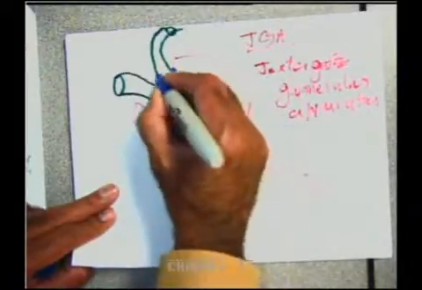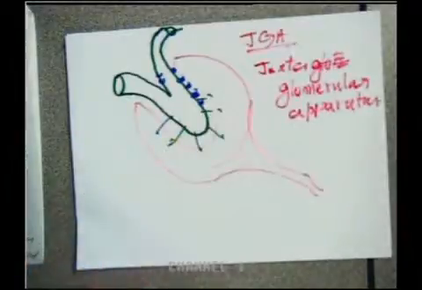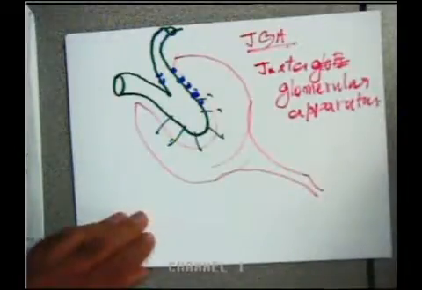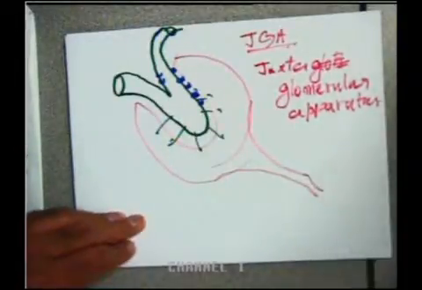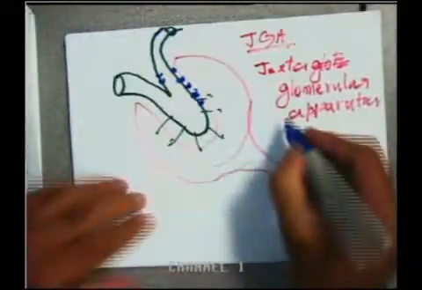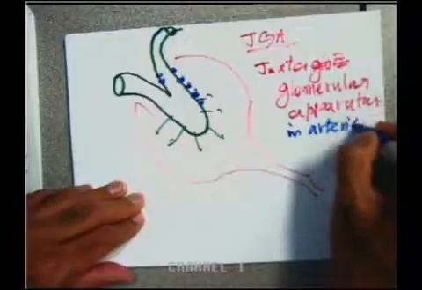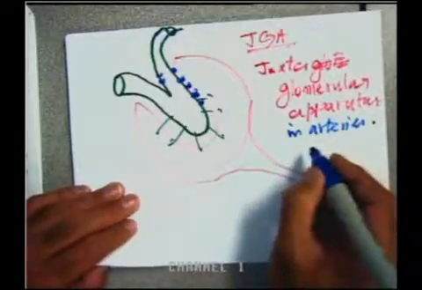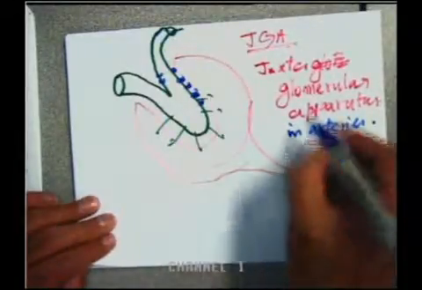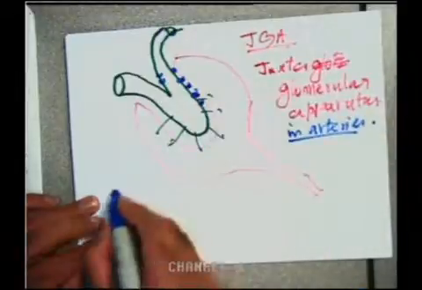JGA is present as an apparatus in the glomerular arteries, in the arterial wall.